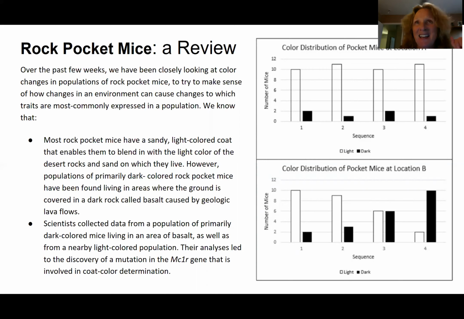Again, it's not going to cause the mouse to say, I think I'd rather have a dark coat. They can't do that. They have what they have, okay? But for those of them that had the more appropriate color, they had a greater potential survival. That's just the bottom line, okay?